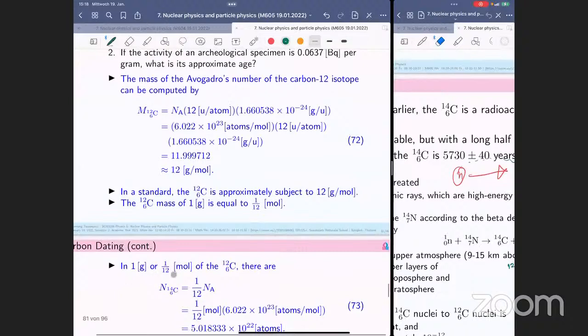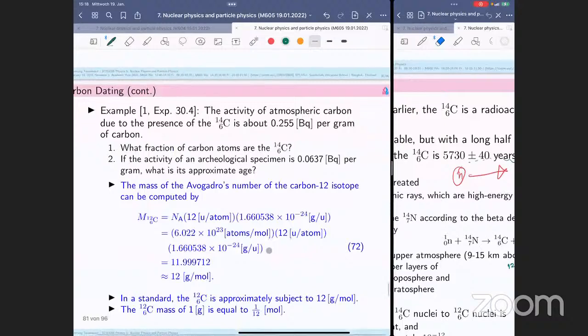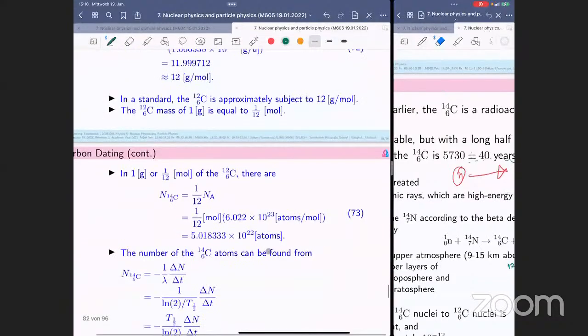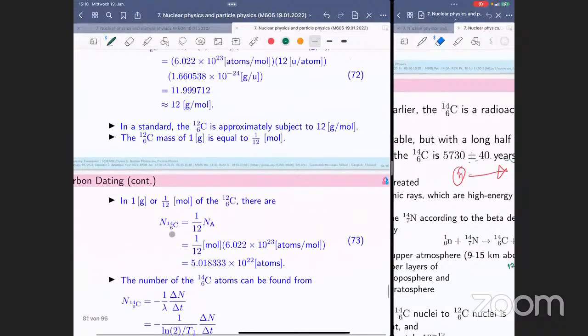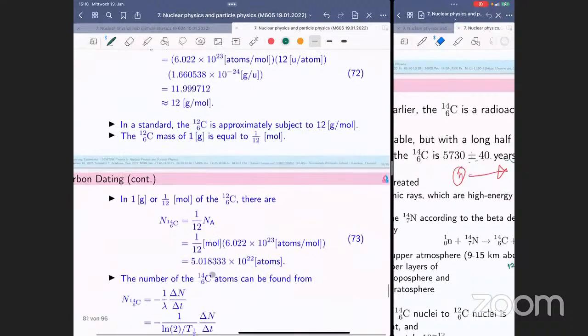So in 1 gram, or 1/12 mole, the number of carbon atoms will be 1/12 of the Avogadro number.